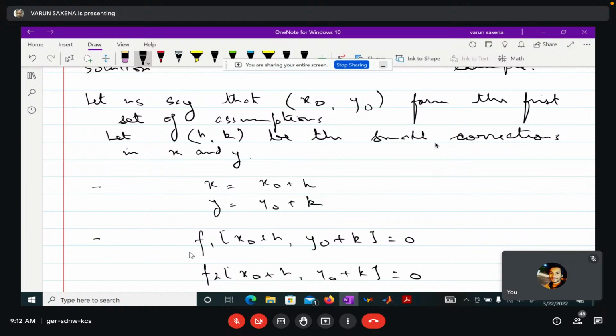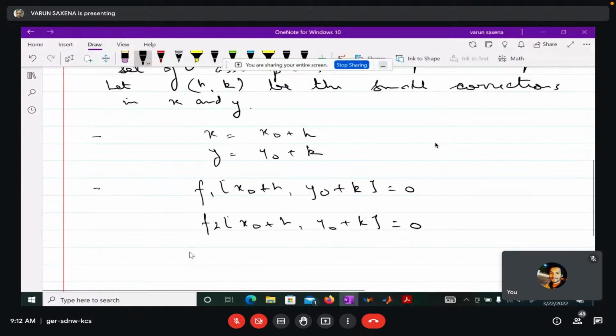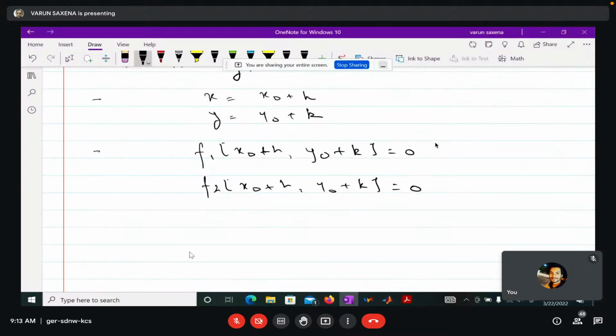You can write it like this. Now, as f1 is a function of two variables, and f2 is a function of two variables, if we need to expand them in Taylor series, it will be the Taylor series for a function of two variables, right? Of course, h and k are very small, so we don't really need to go beyond the first order; h square, h cube, k square, k cube, all those powers can be neglected.